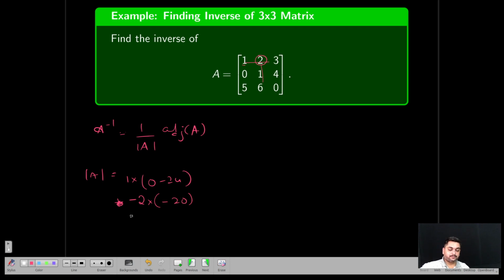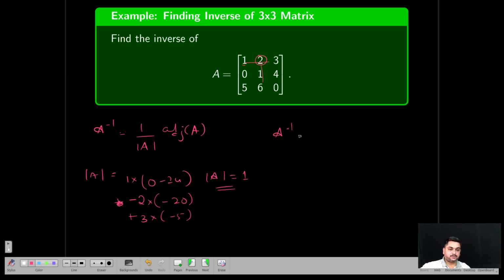Okay. Then plus 3 into minus 5. So we get determinant as minus 24 plus 40 minus 15, which is 1. Determinant is 1.